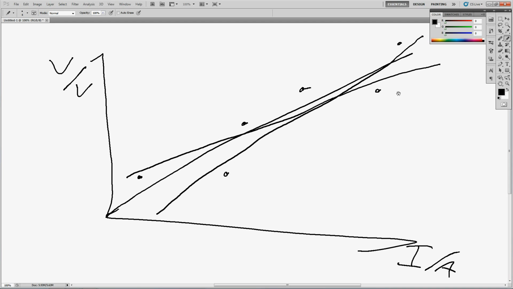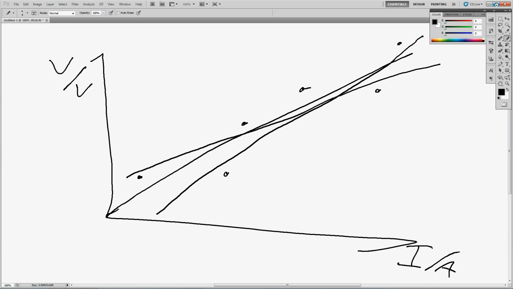So this shallower gradient would give us a lower value of the resistance, this steeper gradient gives us a higher value of the resistance. And so what we'd say is we think it's this value, so this central line that we've got here, we say we think the resistance is this, but it could be as high as this, or it could be as low as that, and so that's how we would represent our uncertainties there.